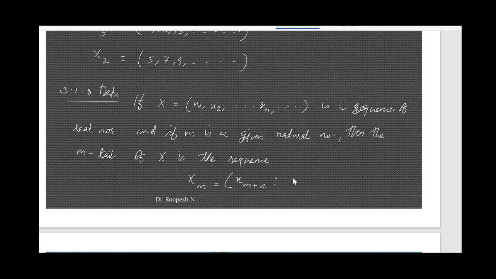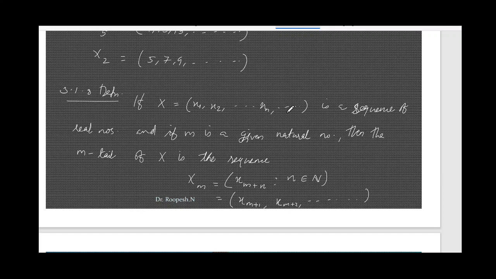So I'm writing xm plus n such that n belongs to N. Or I can list it as xm plus 1, xm plus 2, etc. Right, so this is the formal definition of the m tail.